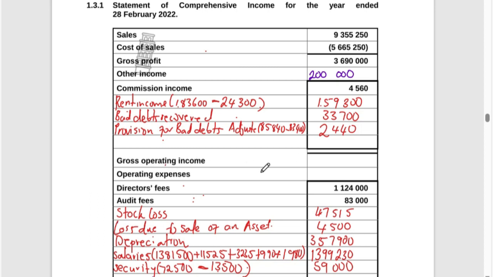Now our gross profit plus other incomes is going to be our gross operating income. So we say 3,690,000 plus 200,000 equals 3,890,000.